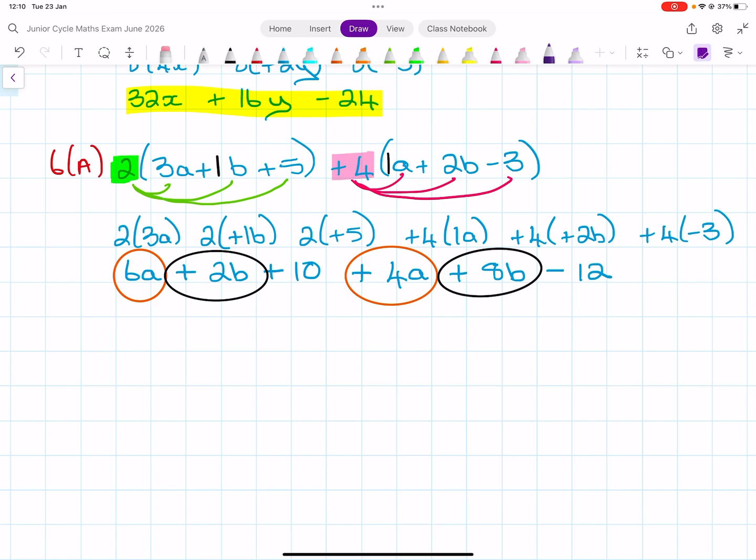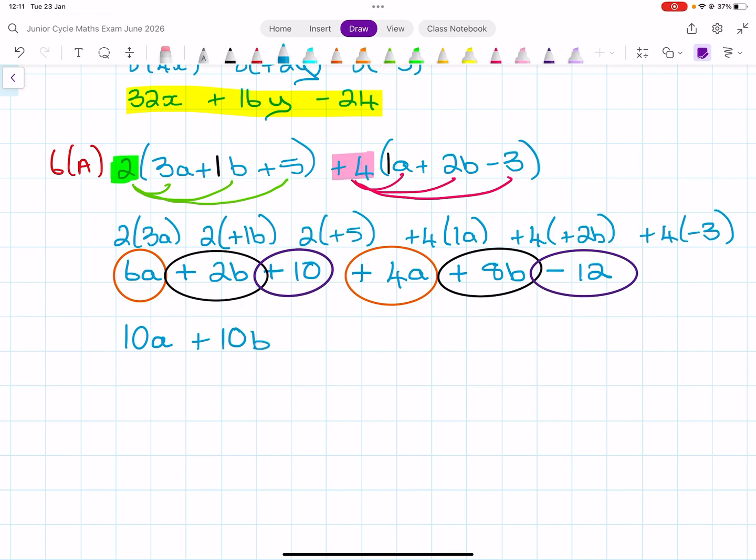And then I've got the number family. Okay, so we'll start with the A's. It's 6 plus 4, so that's 10, and the family are A's. So in black, I've got the B's, so that is 2 and 8, and we're adding again, so that's 10 again, and that's the B family.